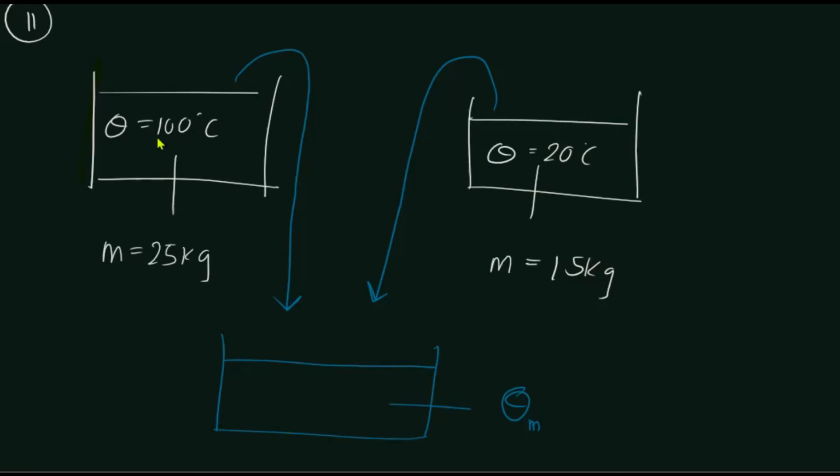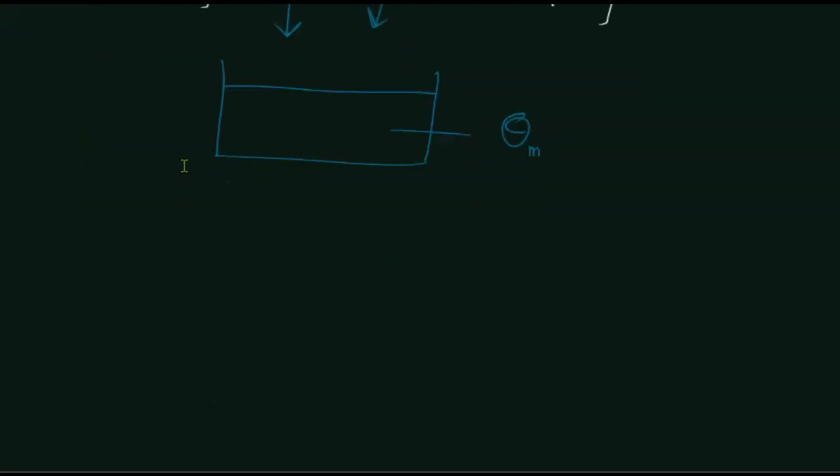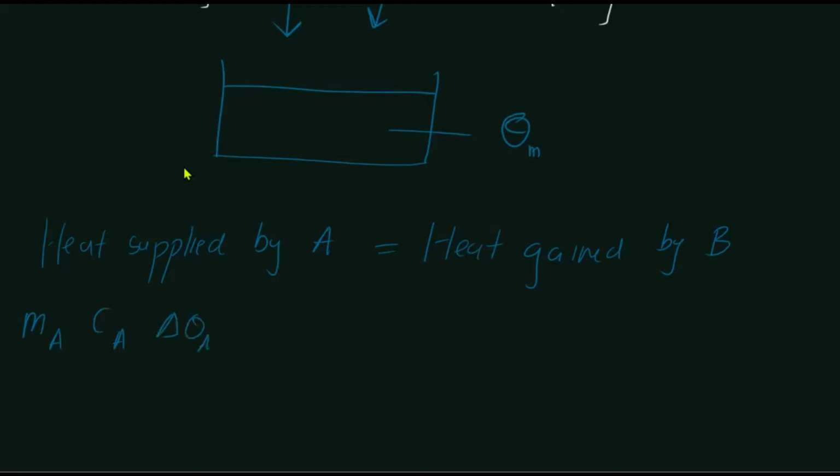If we assume this as A and this as B, we can write the equation: heat supplied by A equals heat gained by B. Heat supplied by A is MA, CA, delta theta A. Heat gained by B is MB, CB, delta theta B.